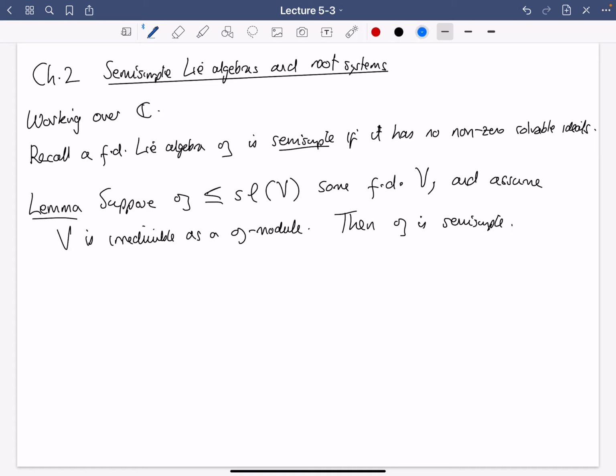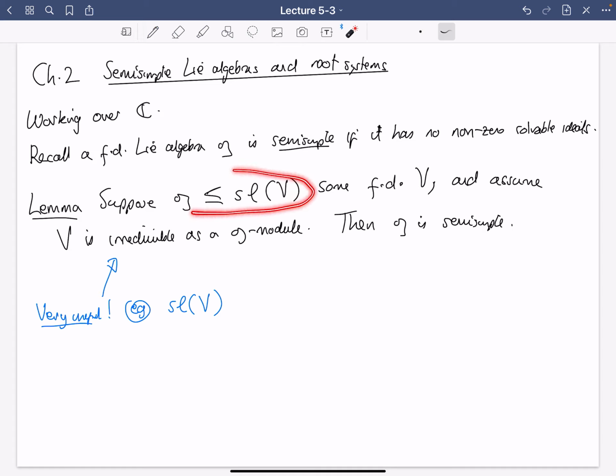Okay, so we're going to prove this in just a second, but let's just give examples to convince you that this is very useful. For example, it applies to SLV. Kind of almost a bit tautologically, it's totally obvious that V is irreducible as an SLV module.